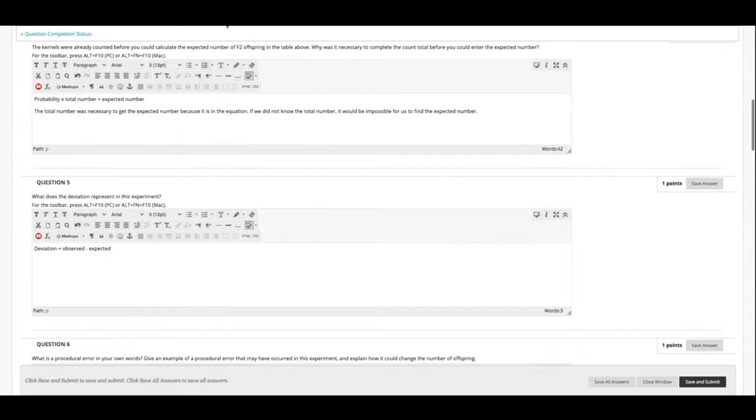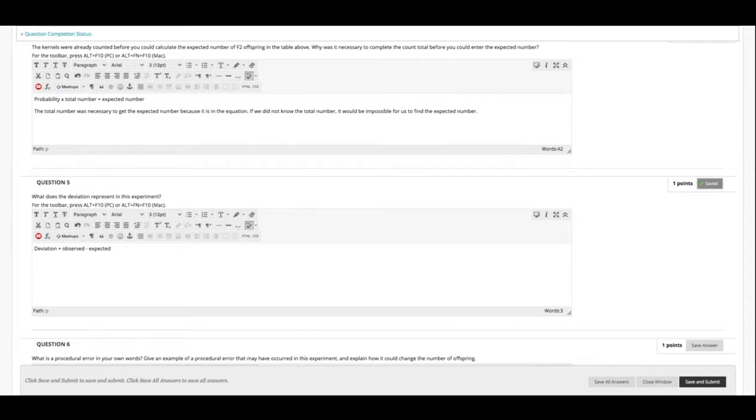What would you say this represents? Like, is it like how close? Keep going. How close it is to the expected? I was going to say that the deviation in this experiment represents the difference between the observed and the expected, because you subtracted.